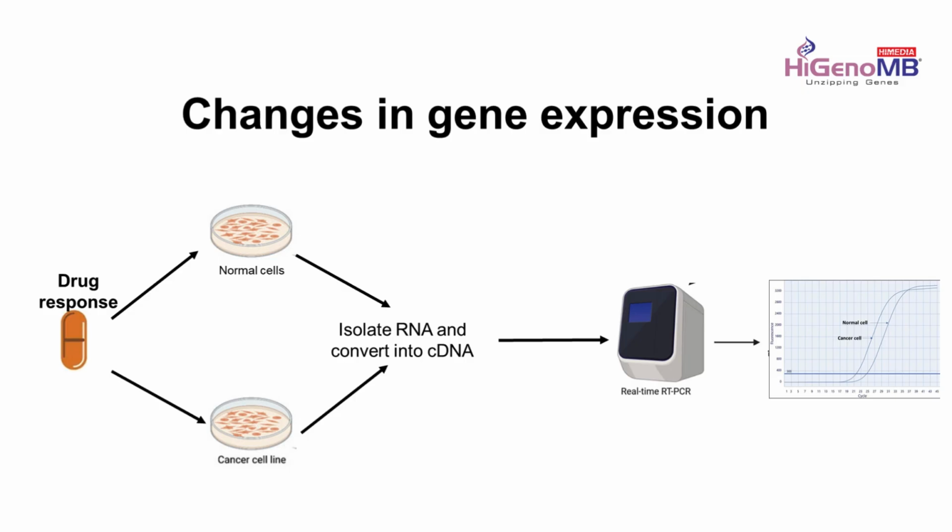So he is going to use real-time PCR technology for it. And how does he do that? He isolates RNA from both the normal cells and the cancer cell line which has been treated with the drug, and then converts this RNA to cDNA, and then carries out real-time PCR with primers that are specific to the gene that he is going to study, and then identifies the difference in gene expression.